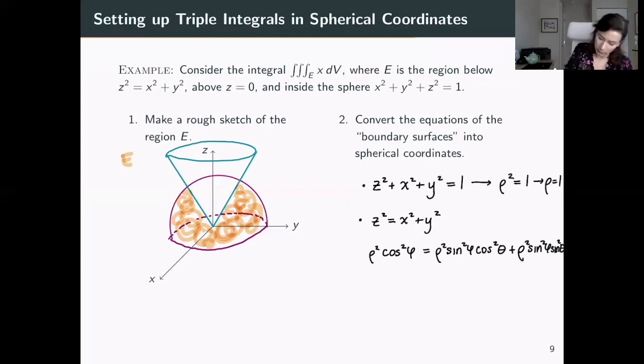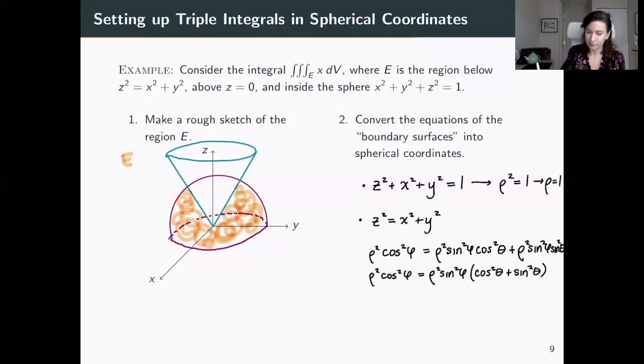Running out a little room. We get rho squared cos squared phi is going to be equal to, I can factor out a common factor of rho squared sine squared phi and be left over with cos squared theta plus sine squared theta.